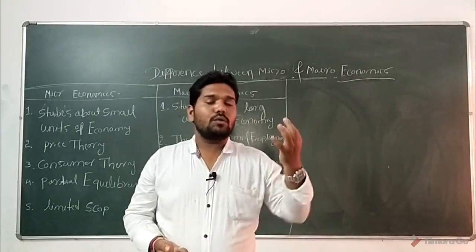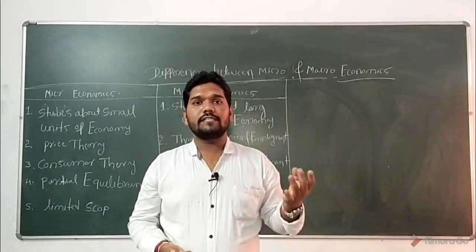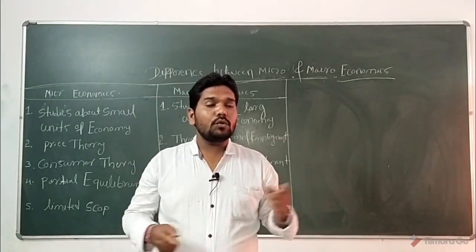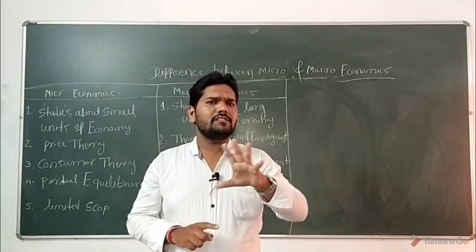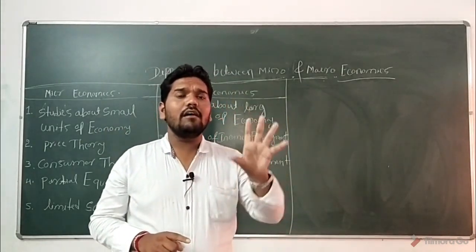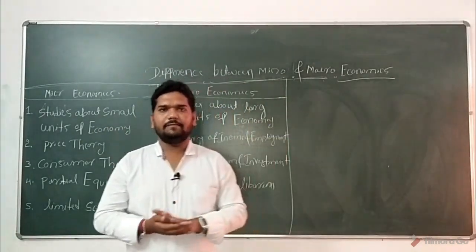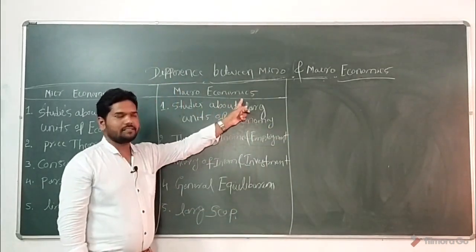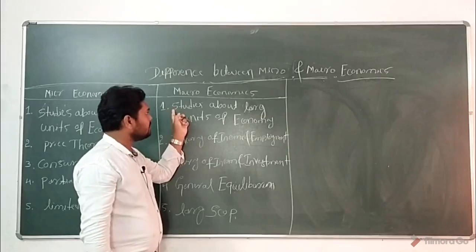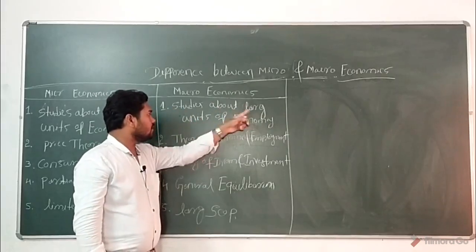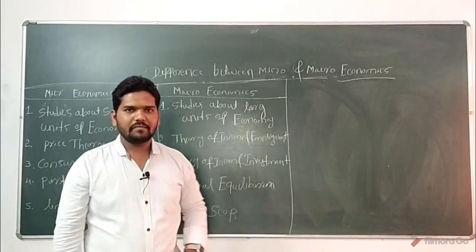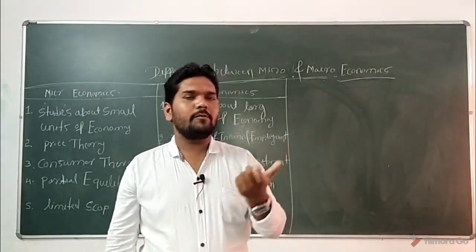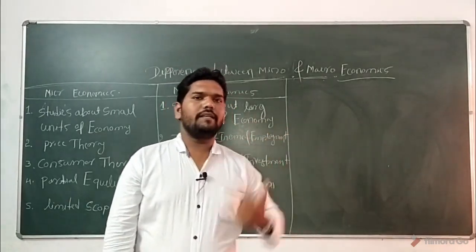National income, total investment, total production, total demand, total supply, total employment and total market system are all what we call large units of the economy. Macroeconomics studies these. First difference: microeconomics studies small units, macroeconomics studies large units.